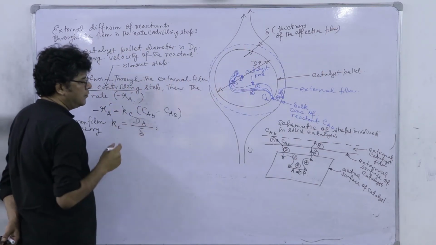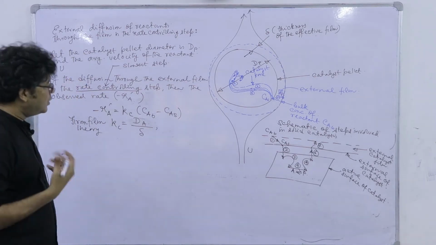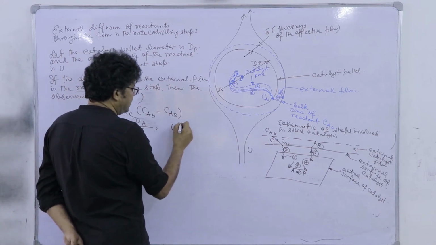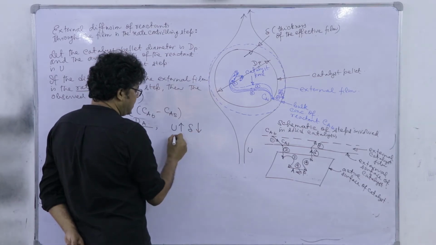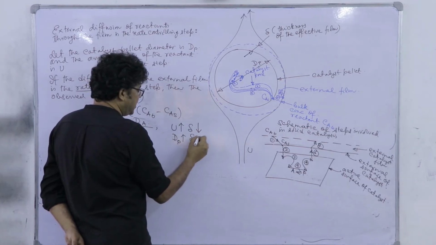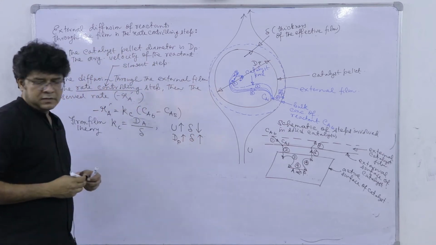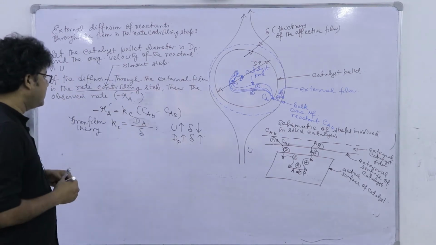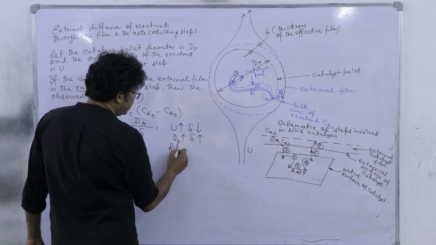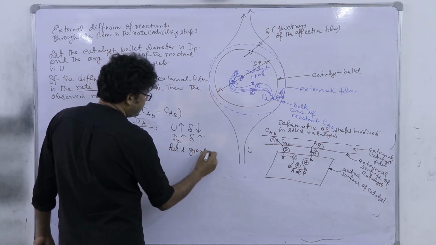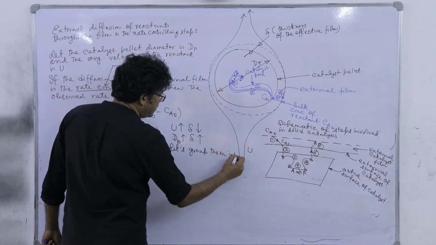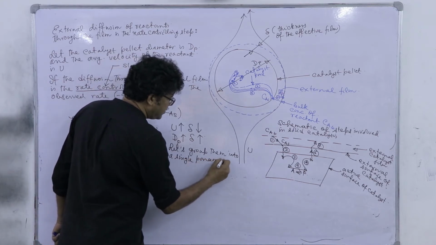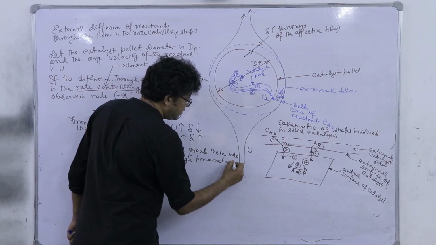So, now you see what is the influence of u and dp on delta. We know that whenever we increase u, delta must decrease, and whenever we increase dp, delta must increase. Right. So, let us group them into a single parameter, u by dp.